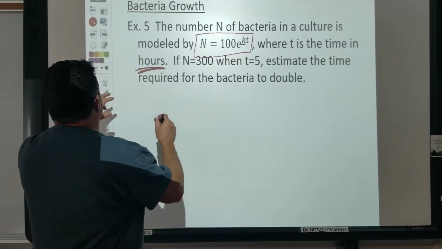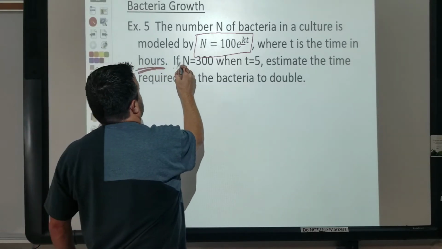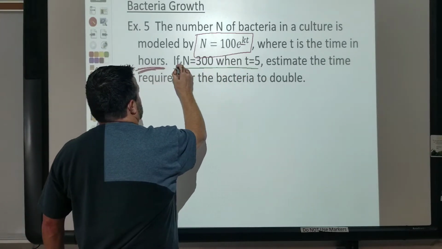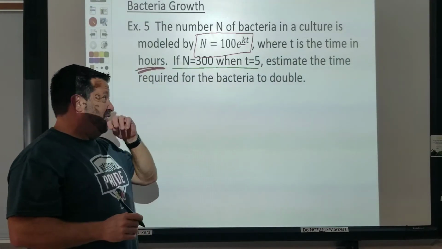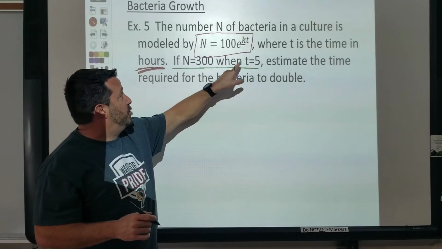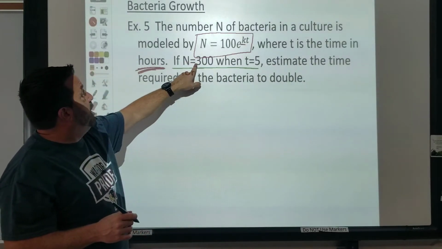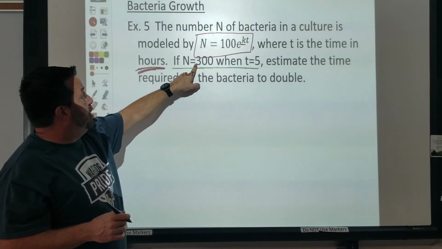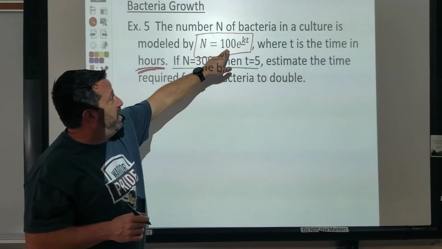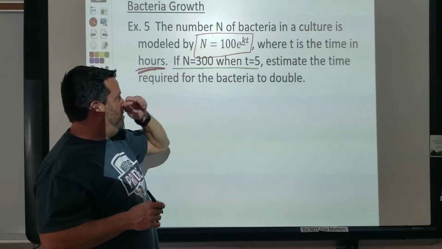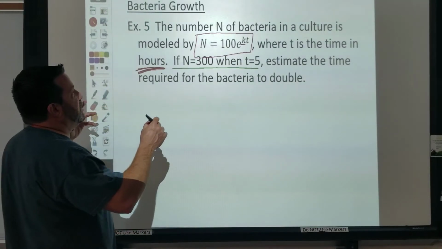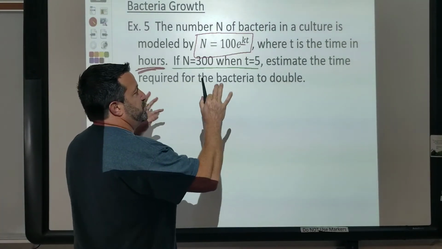But it's going to give us this part right here, where it's some sort of data that has been collected, where they figured out that after 5 hours, there was 300 of this bacteria, where they had started off actually with 100. This number, remember, is an initial amount. So we need to figure out what the k value is for this particular bacteria.